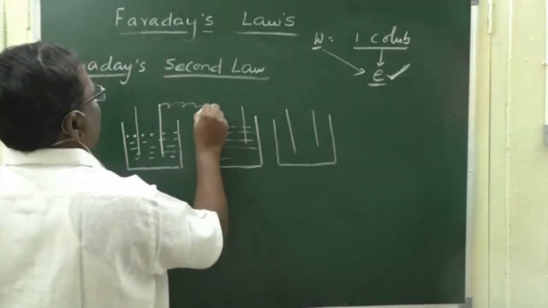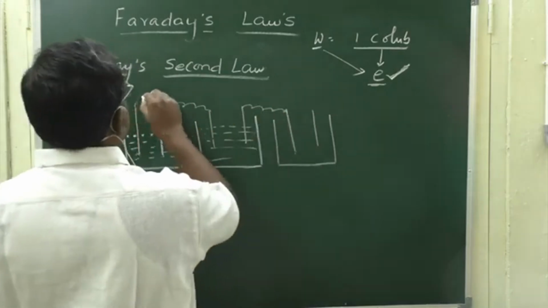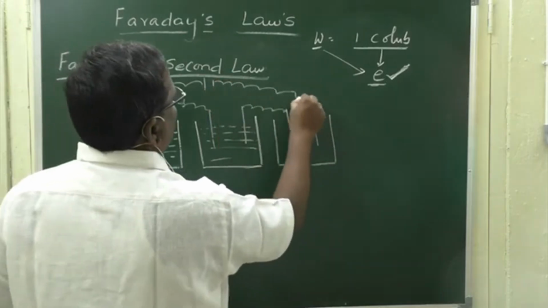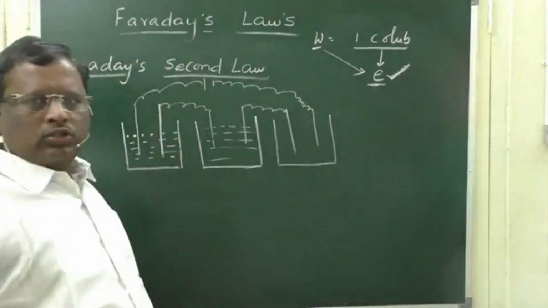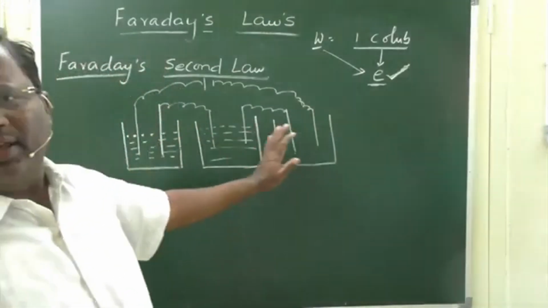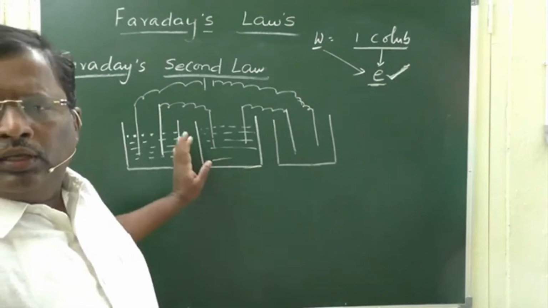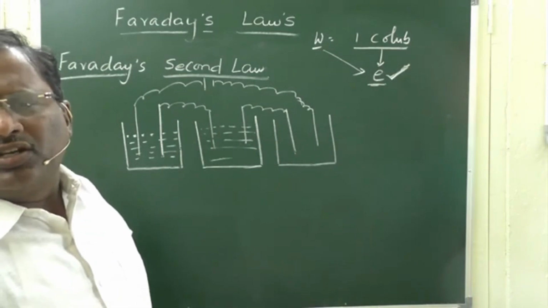Now I am connecting all these three electrolytic cells in series, then I connect it to a battery. If I make the setup like this, the same quantity of electricity will pass through these electrolytic cells.